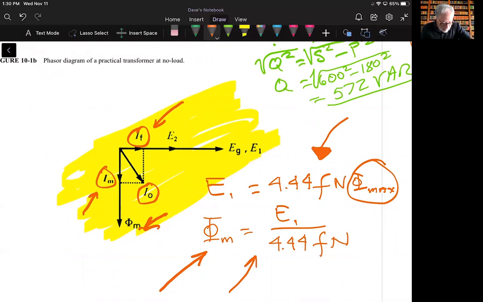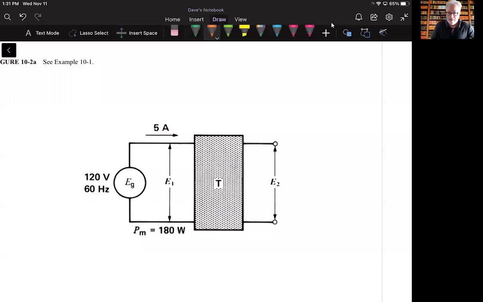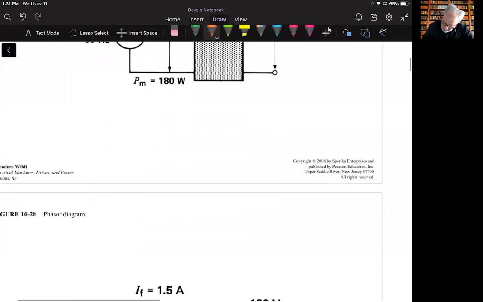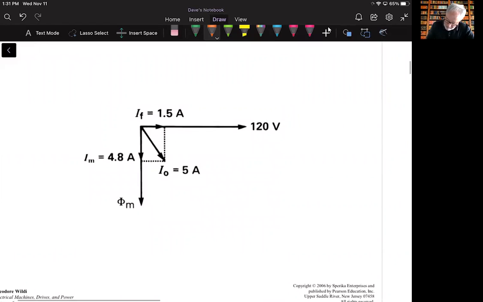So let's see if I can find that for you. I think I've got a diagram that shows this, and we can put these values there. So here's what we've been working on. This is the I sub O, and we determined the two components of this: the 1.5 amps that is supplying the iron losses and the 4.8 amps that are supplying the magnetizing current. If we put that in a phasor diagram, we can see that here.